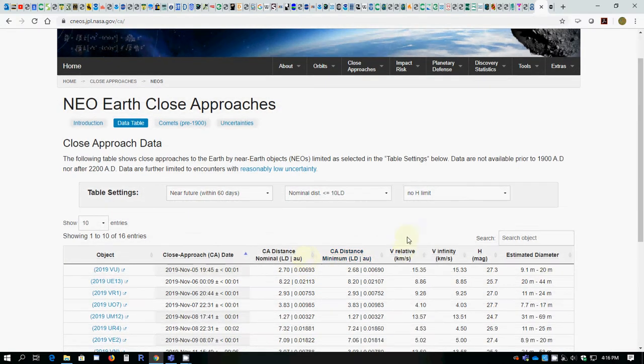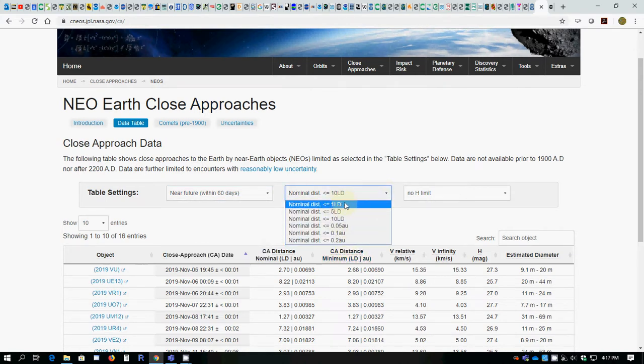There's two principal choices that can be made when one tries to find out data about close encounters, close approaches. One of them is the time frame: recent past, right about now, plus or minus 30 days, a year in the future, a year in the past, all future, etc. And then the other thing is how far away the object passes.